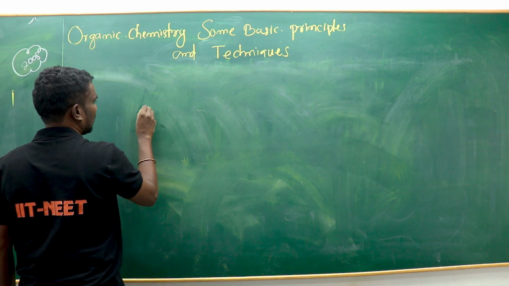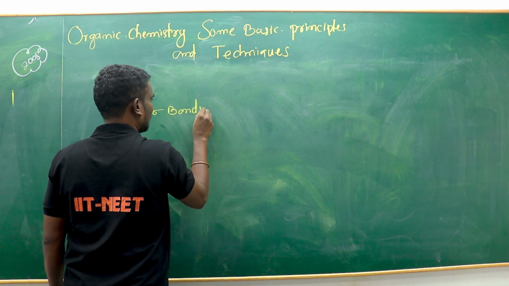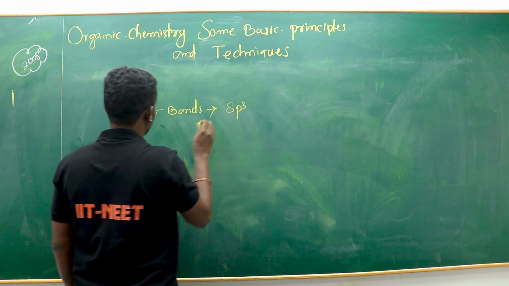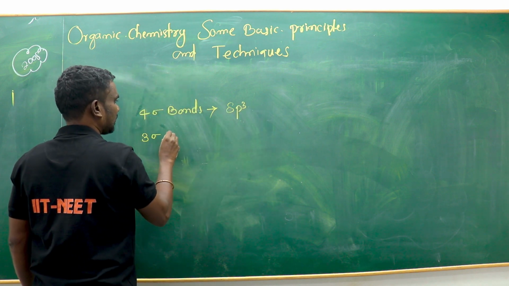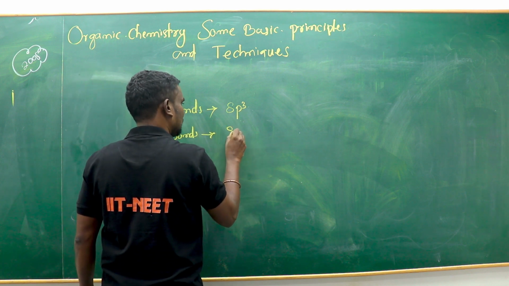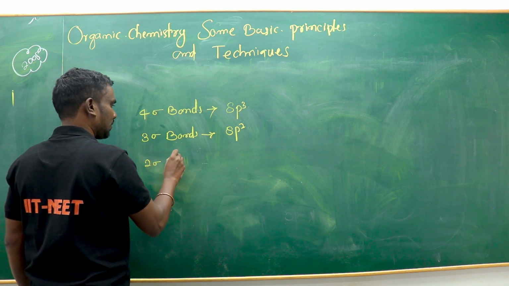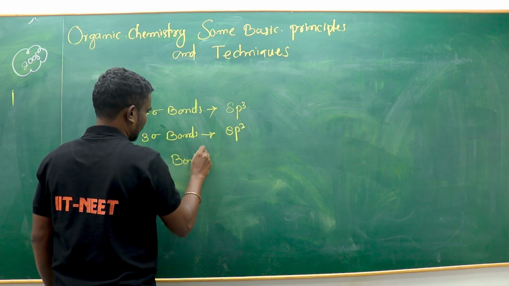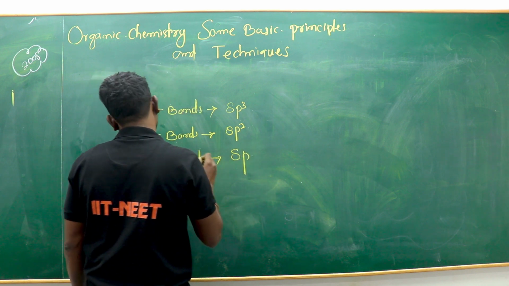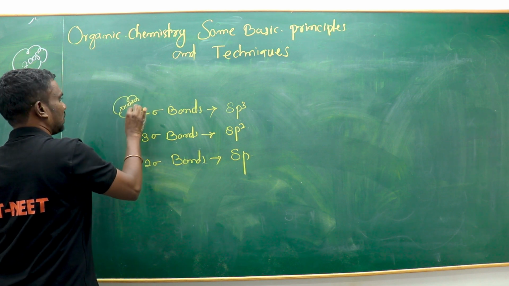See, take down: 4 sigma bonds means sp3. 3 sigma bonds means sp2. 2 sigma bonds means sp, right? So this is very very important beta ji, pay attention to this, right?